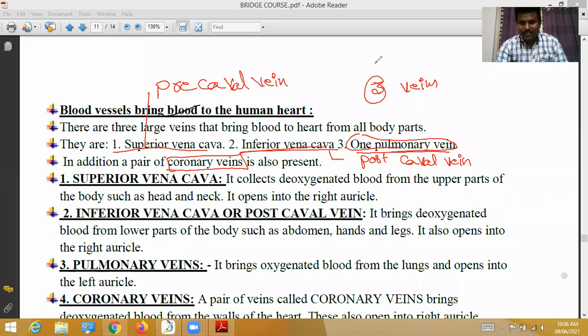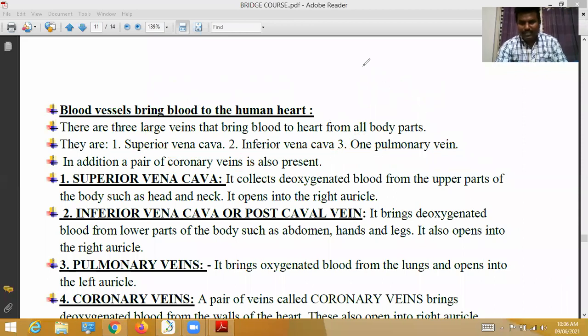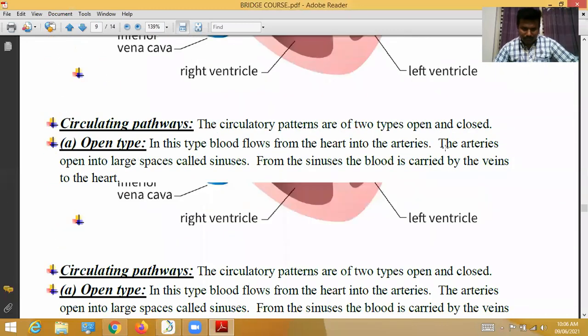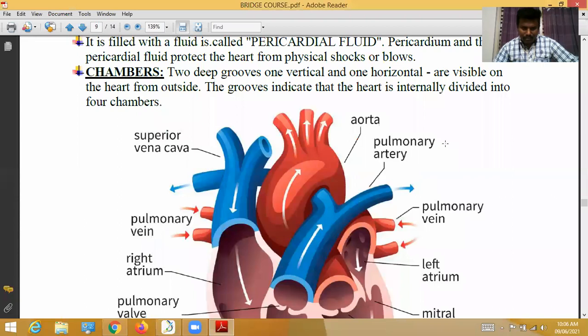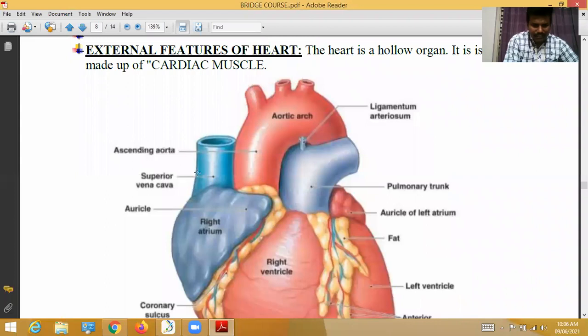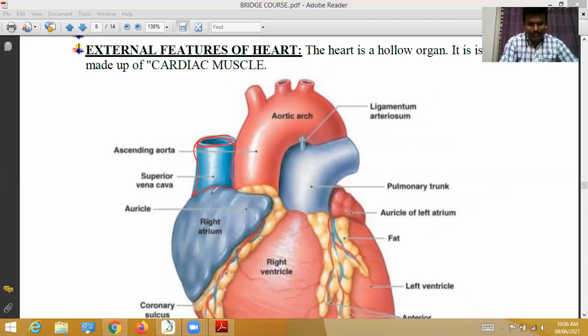See these three parts in the human heart, I will show. Let's have a look at this heart picture. See, this is the superior vena cava, also called the precaval vein.